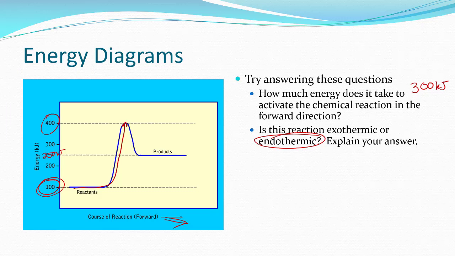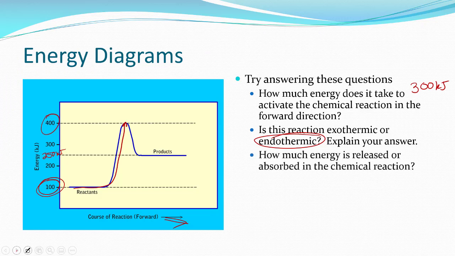And so how much energy is released or absorbed in the chemical reaction? Well, if it's absorbing, we've got to compare the reactants and the products here. If the products are at 250 and the reactants are at 100, this would be a positive 150 kilojoules that's absorbed.